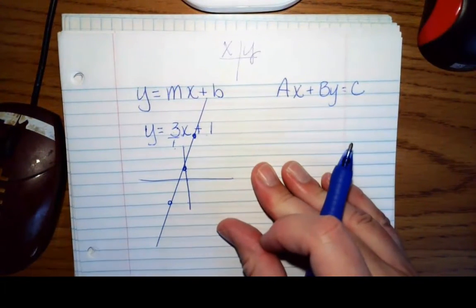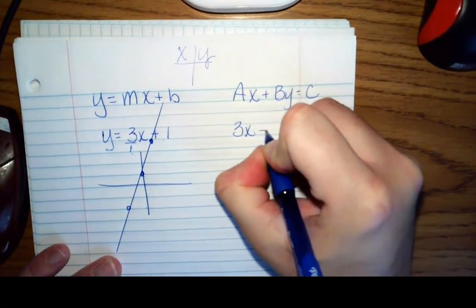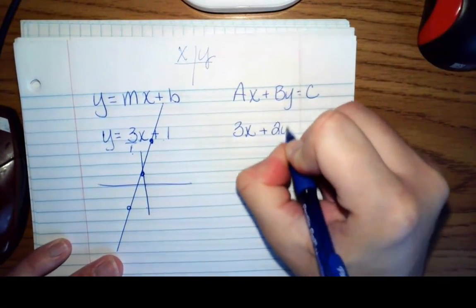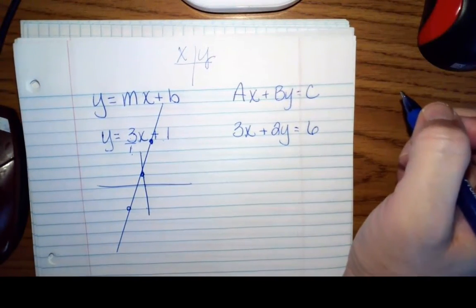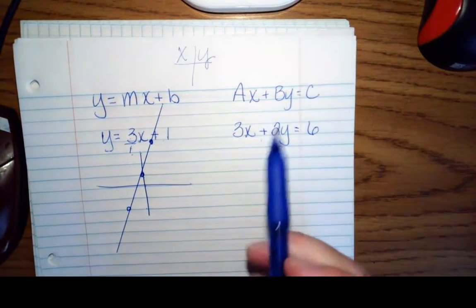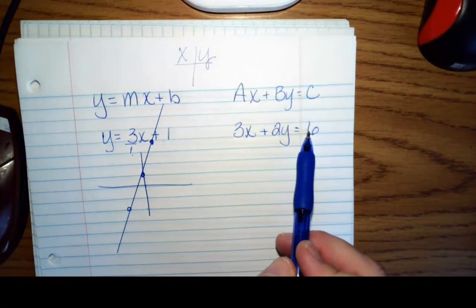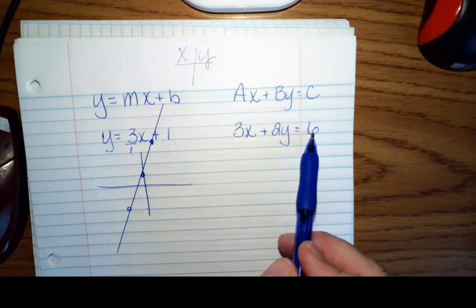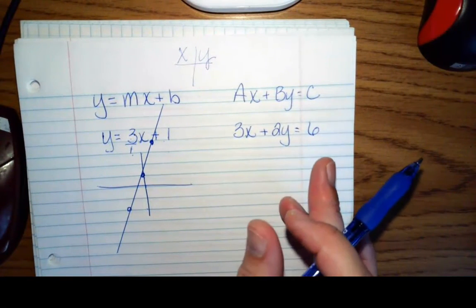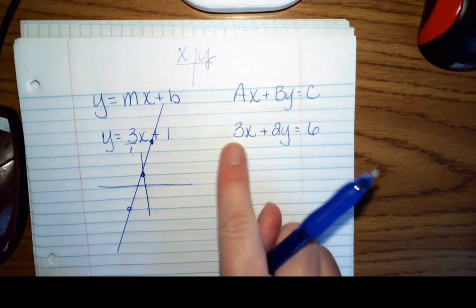Now, come over here for standard form. If I have something like 3x plus 2y equals 6. Okay, so this is standard form. Now, the first thing I notice is that 3 is a factor of 6, and 2 is a factor of 6. And that's going to make my life really easy because all I have to do is say, what happens if this term wasn't here?